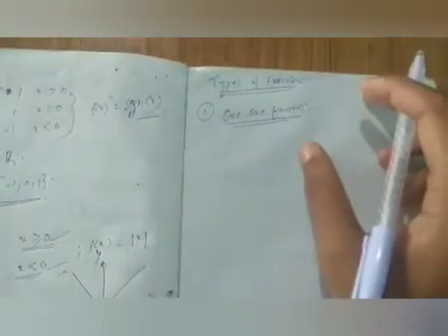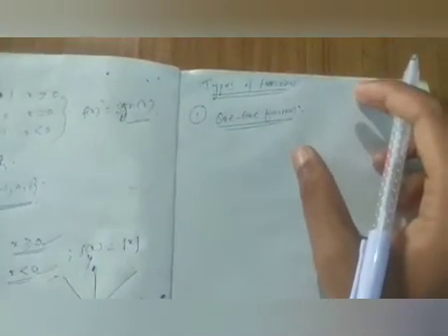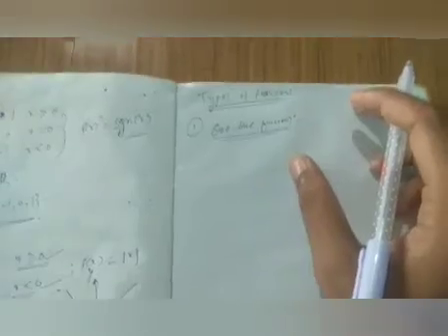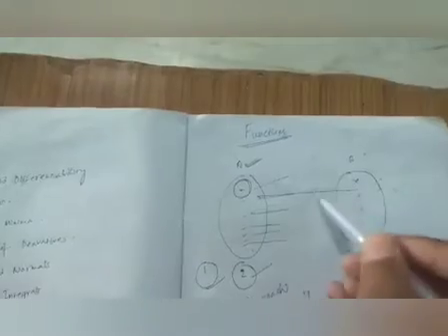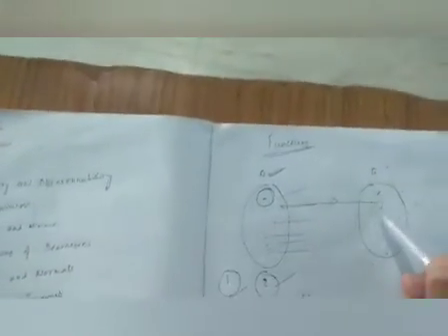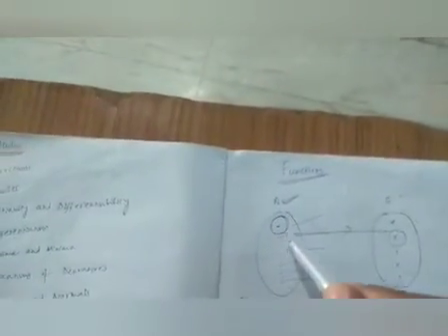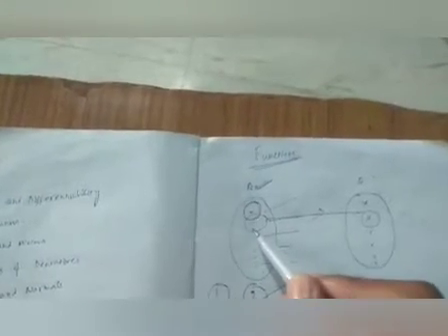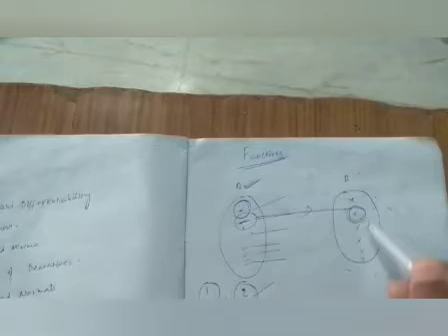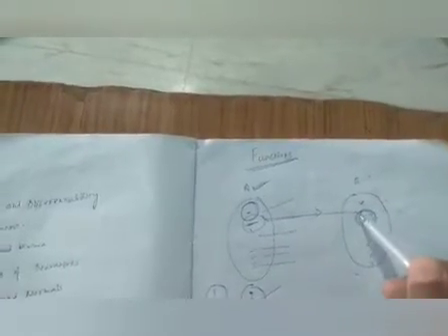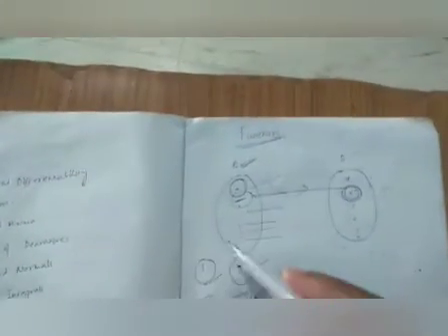The element to which it is mapped is known as the image, and this element in set 2 is known as the image of this element, and this one is known as the pre-image of that particular element.